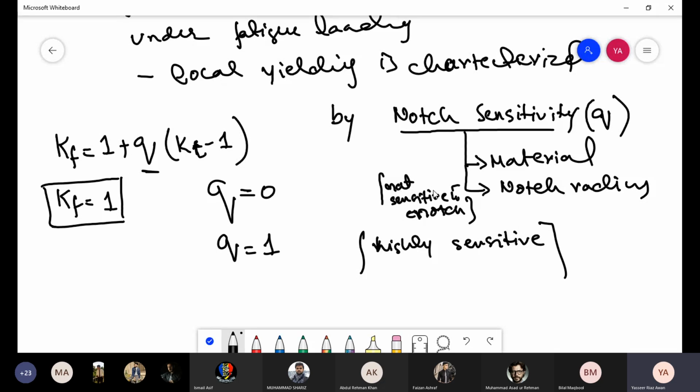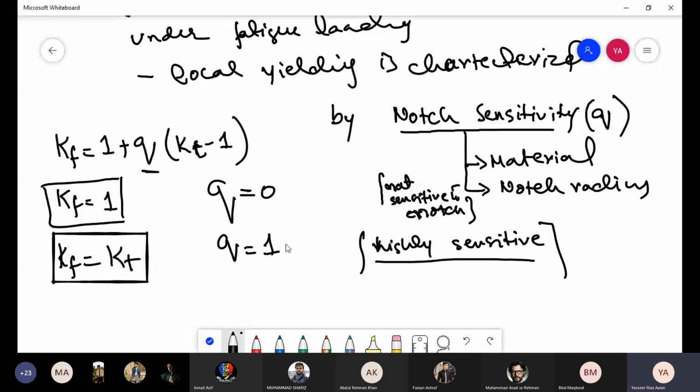That is the condition where we are talking about no effect of stress concentration, so your particular notch is not sensitive. Whereas when q is equal to 1, Kf would be equal to Kt. That means you would be taking the full effect of the geometric stress concentration factor.